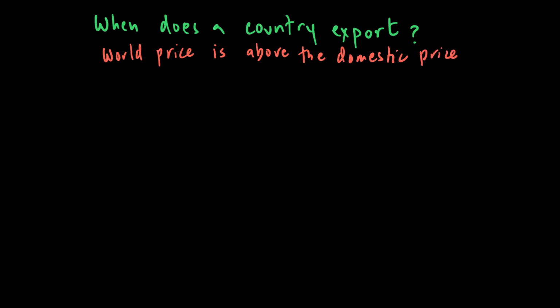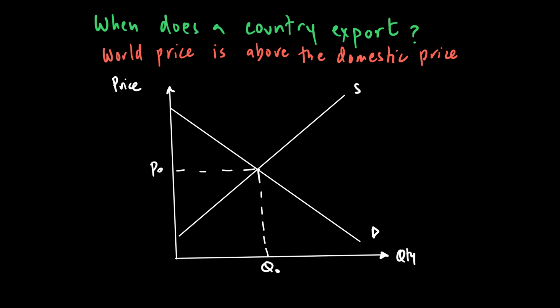And I'm going to show this in a diagram. Let's say this is demand and supply for a good, let's say t-shirts, and P naught is the domestic price. What if I tell you the world price is PW, and this world price PW is above the equilibrium. So if the world price is above the equilibrium, clearly the domestic price is lower.